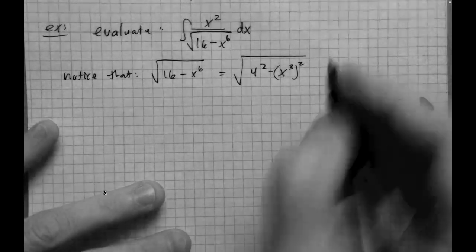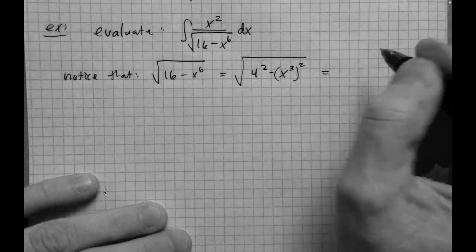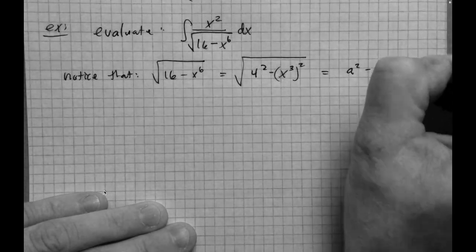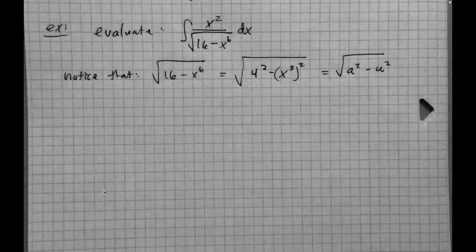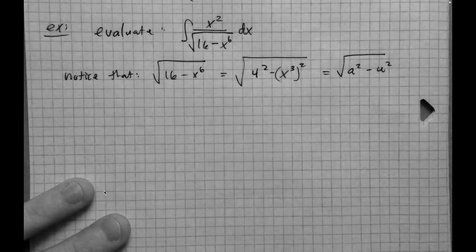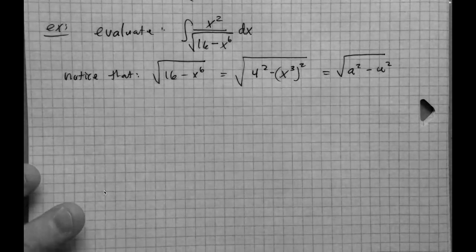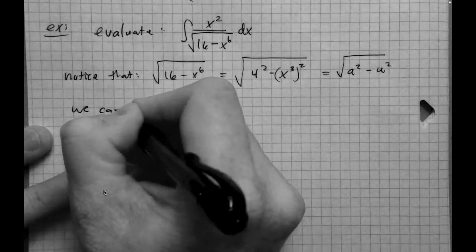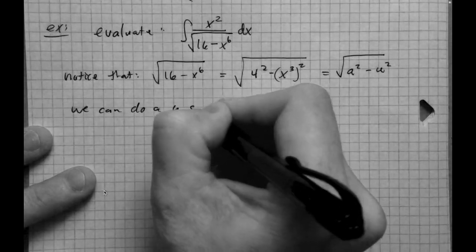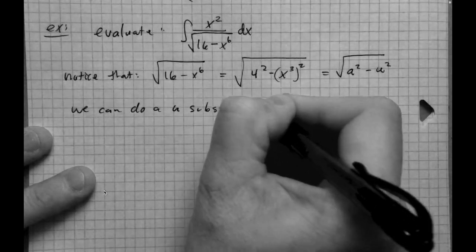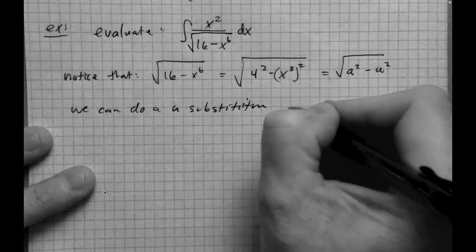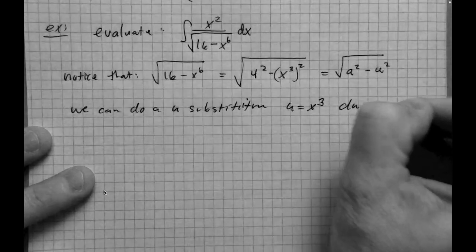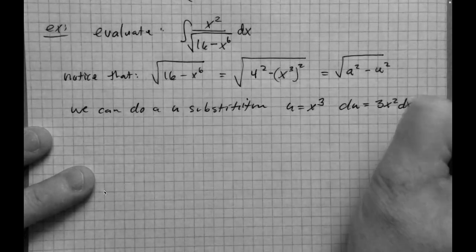And where we're heading with this is that this is going to fit the form of the square root of a squared minus u squared, and that's going to lead us to the arc sine, isn't it? Okay, so we can do a u substitution, where we let u equal x cubed, and then du is equal to 3x squared dx.